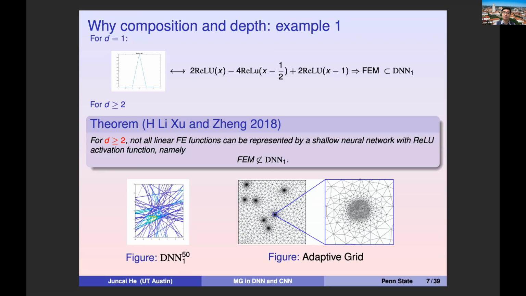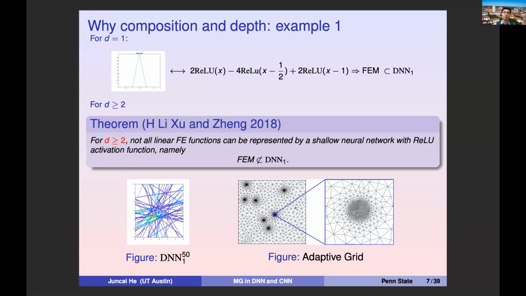But for a typical adaptive grid, you will use line segments to create local triangles and have this kind of beautiful mesh. So this theorem tells us that if you have a dimension greater than 2, DNN1 cannot cover this kind of function.